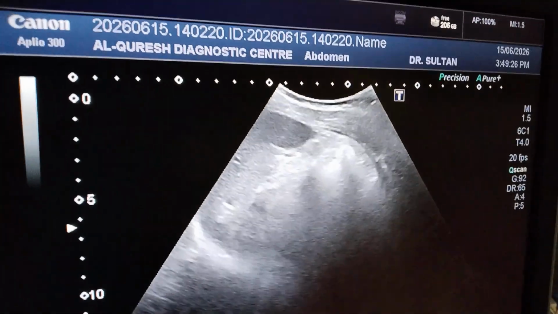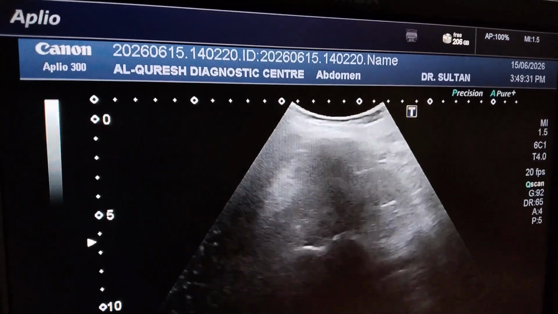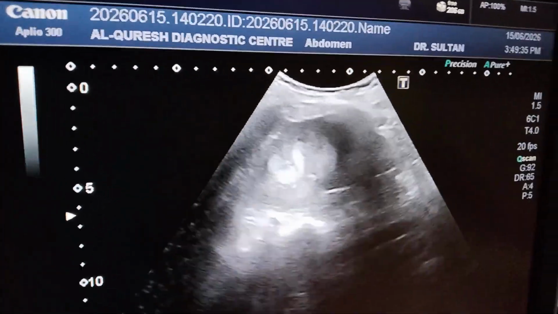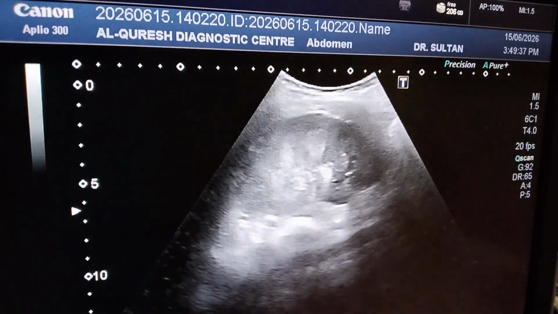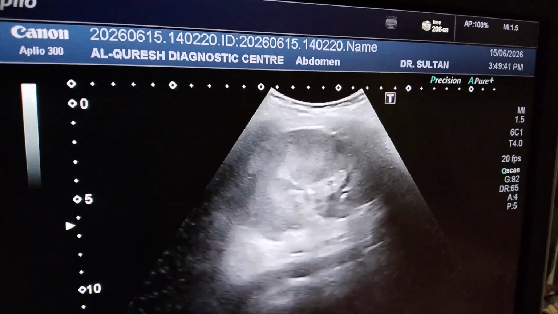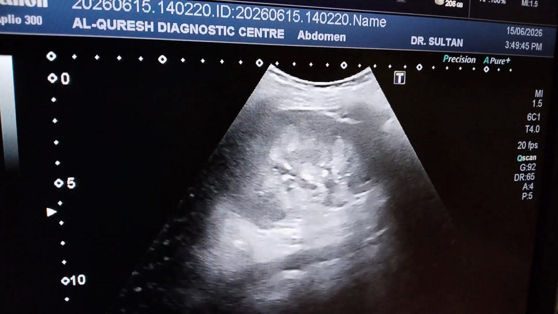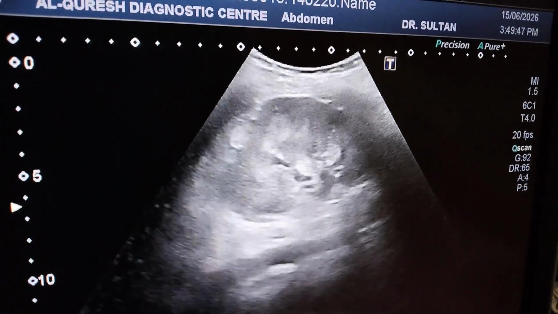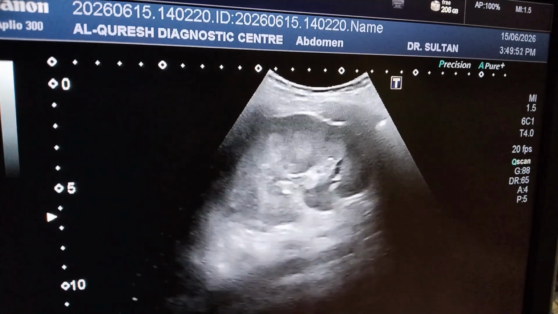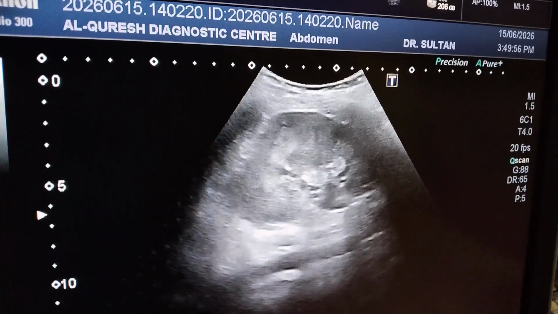This is the spleen and this is the kidney. Look here, there is a rib shadowing which is causing difficulty for clear visualization. However, we have to see it through the ribs to visualize the kidney, to scan the kidney.